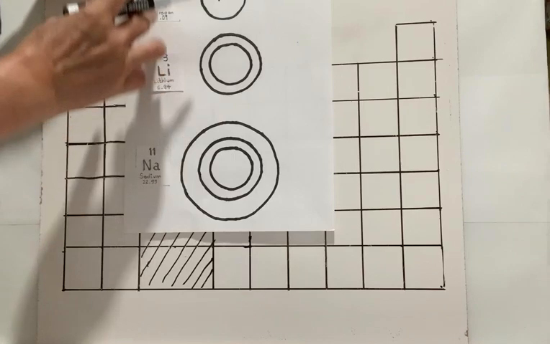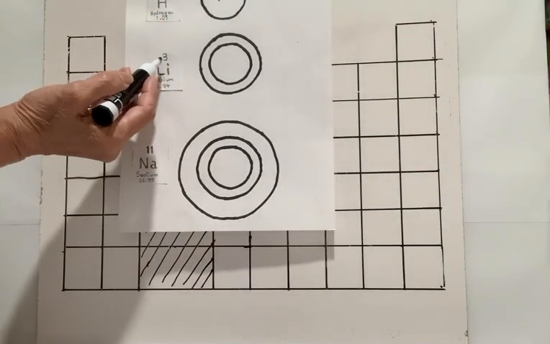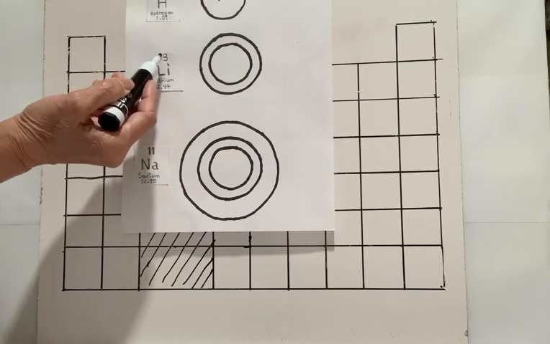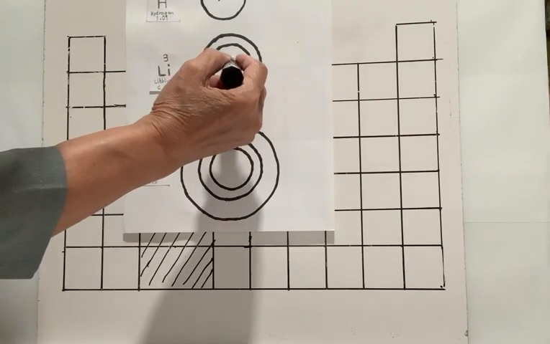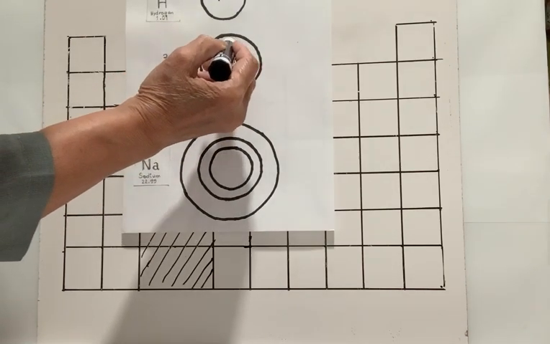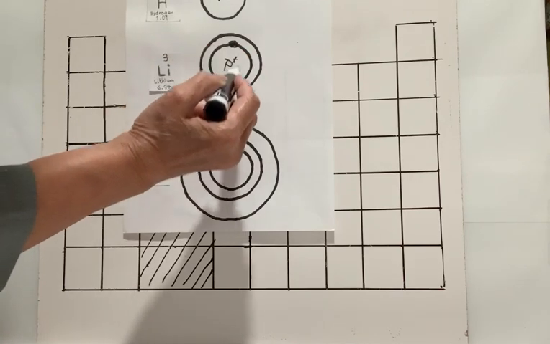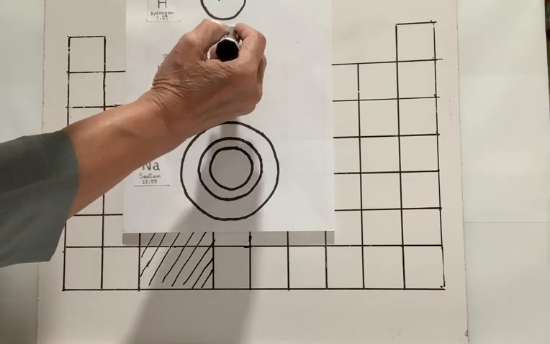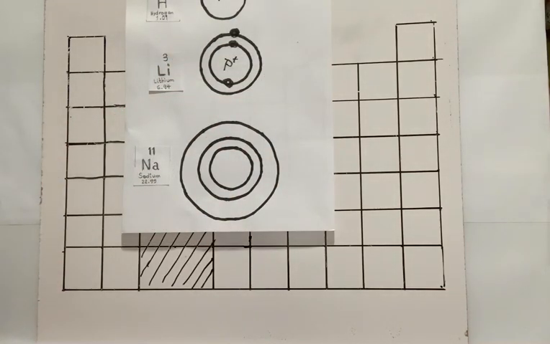The lithium next to hydrogen has atomic number 3. So that means 3 protons again and 3 electrons. The first energy level again can hold a maximum of 2. So the other electron will go to the next energy level, the second energy level.